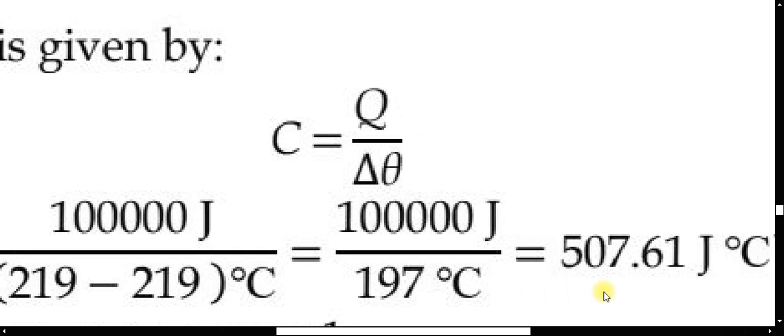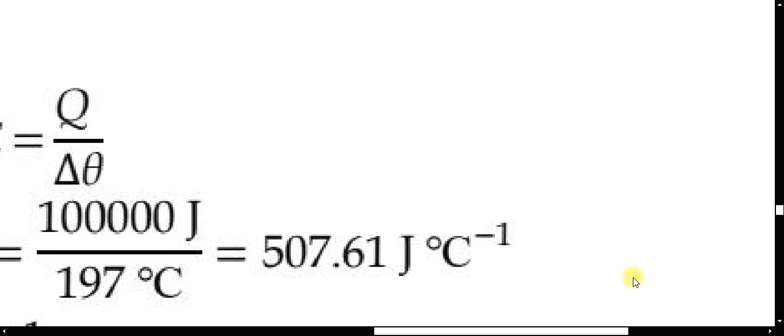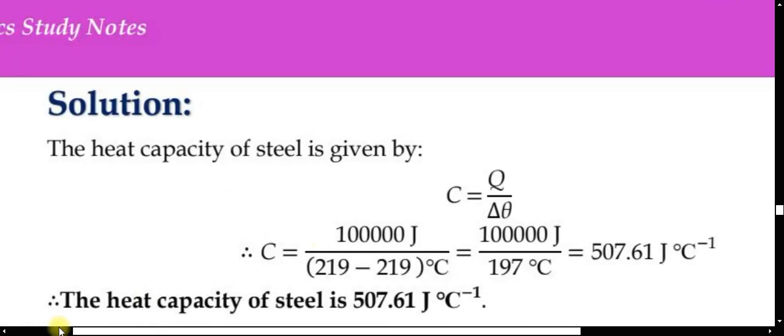When we divide 100,000 joules by 197 degrees Celsius, we get 507.61 joules per degree Celsius. Therefore, the heat capacity of steel is 507.61 joules per degree Celsius.